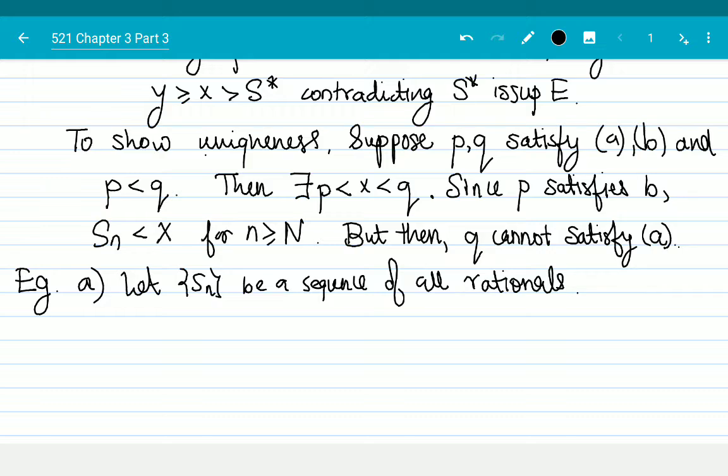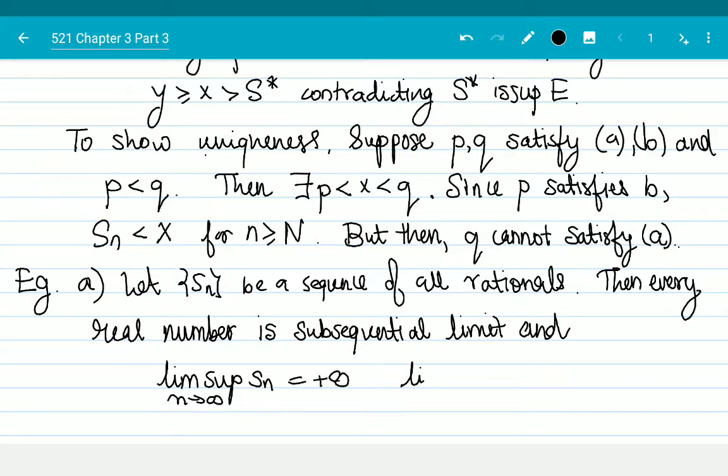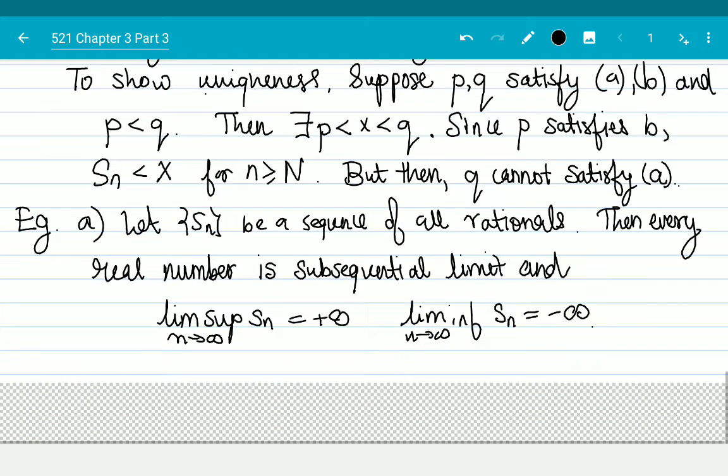Then every real number is a subsequential limit, and the limit supremum of Sn is equal to positive infinity, and the limit infimum of Sn is equal to negative infinity.